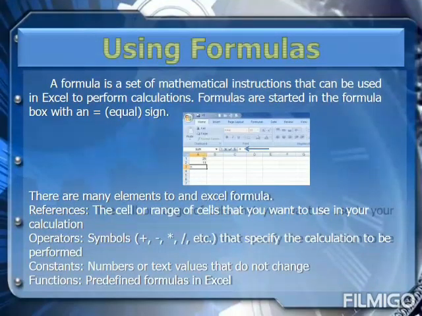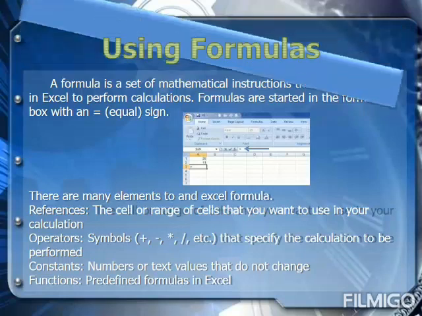So, a formula is a set of mathematical instructions that can be used in Excel to perform operations or calculations. You can perform different arithmetic operations: plus, minus, divide, multiply, modulus, etc. You need some constant values and an operator to perform the functions.